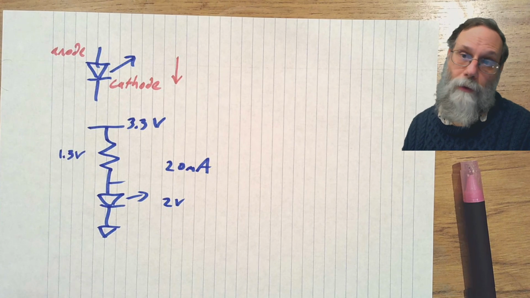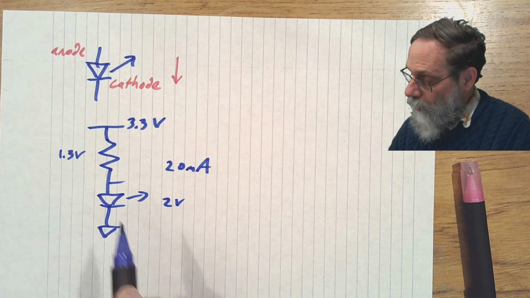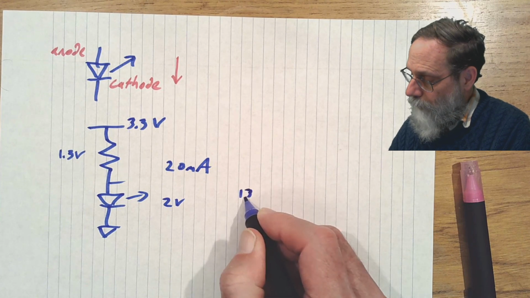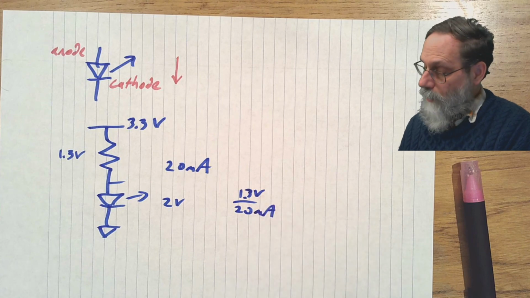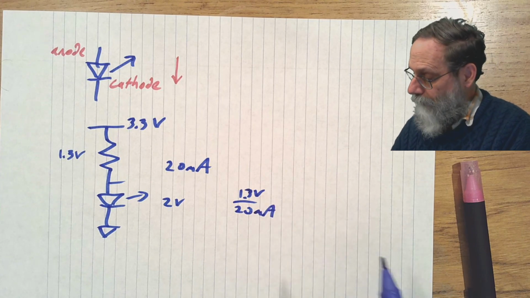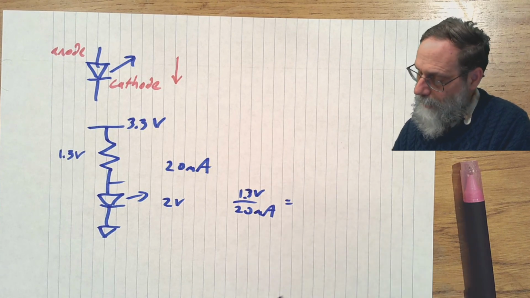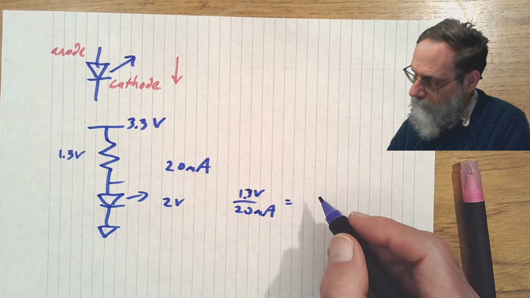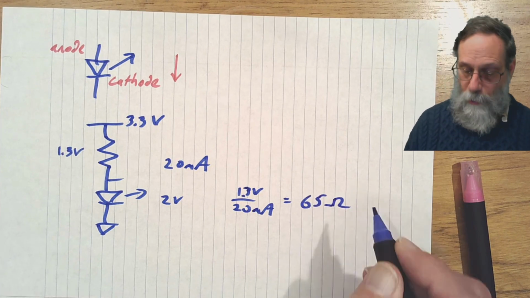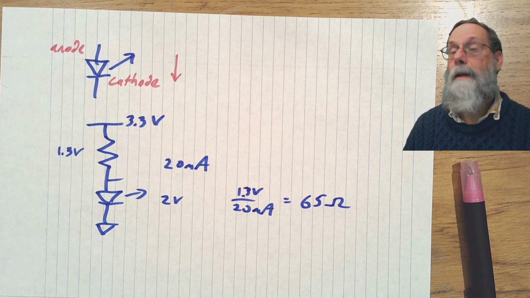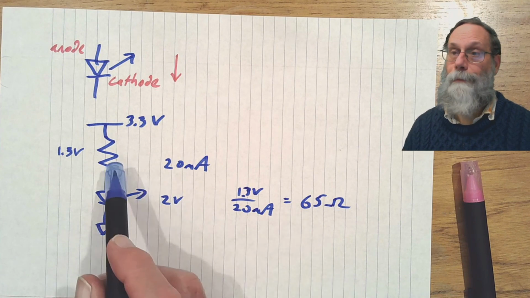So if I have 1.3 volts and I have 20 milliamps through that resistor, 1.3 volts over 20 milliamps is going to be, well, divide by 2 and I get 0.65, divide by 10 and I get 0.065, and that'd be kilo ohms, so that'd be 65 ohms. So if I wanted this thing to run about 20 milliamps, I would want a resistor of about 65 ohms here.